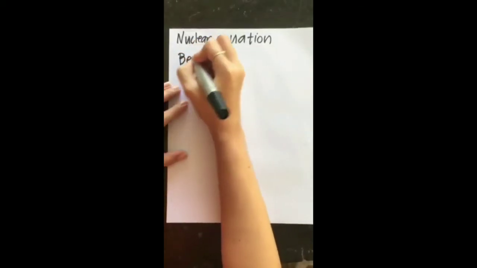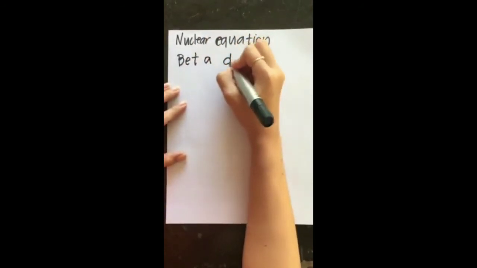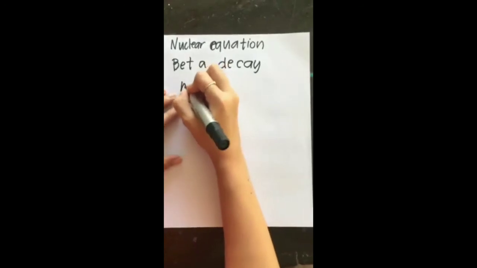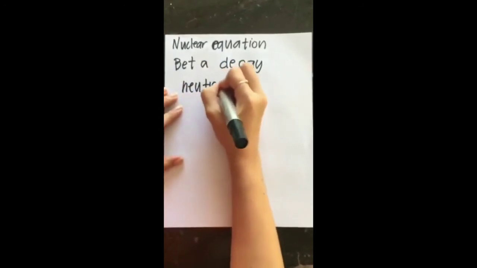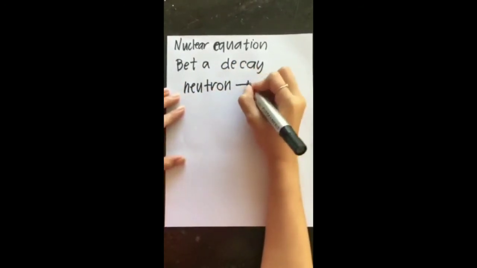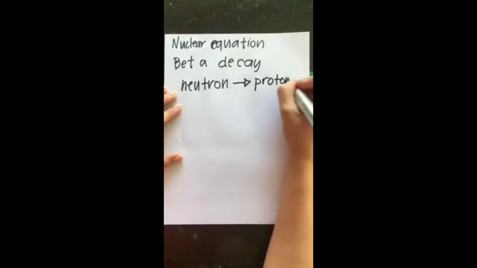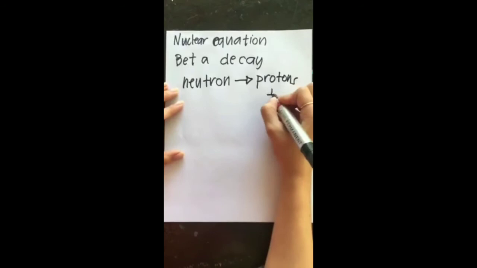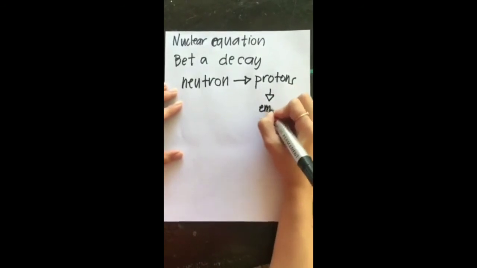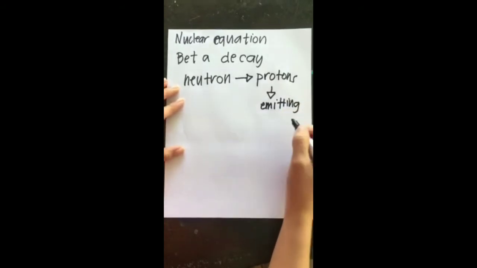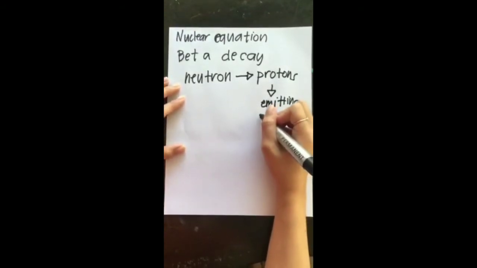And lastly, the beta decay. So in beta decay, let's remember that a neutron being lost during the process will turn into a proton. And the process emits a beta particle.